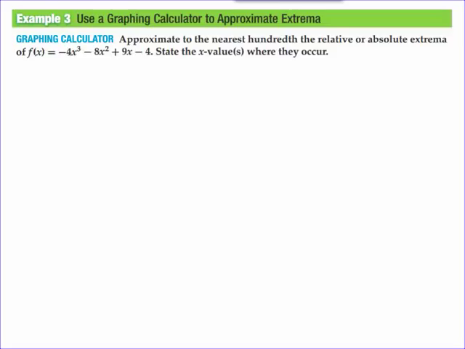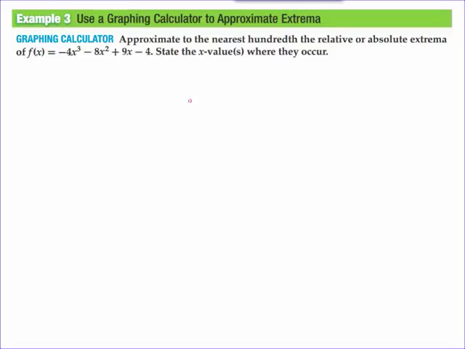So we have negative 4x cubed, minus 8x squared, plus 9x minus 4. Now, I remember from earlier that a good window to look in was from negative 5 to 5.